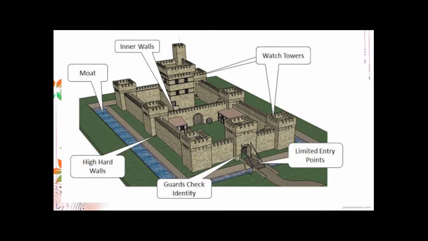So, having outer and inner walls can actually aid in the delay part, because of course it helps delay the exit or the entry of unwanted personnel until you are able to catch them.